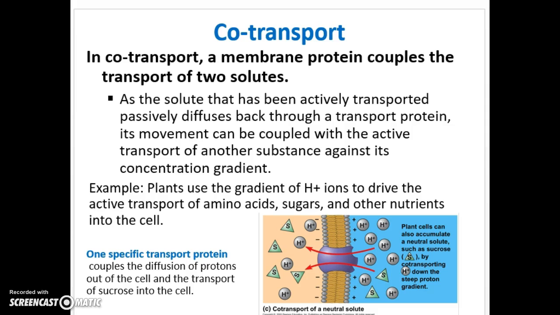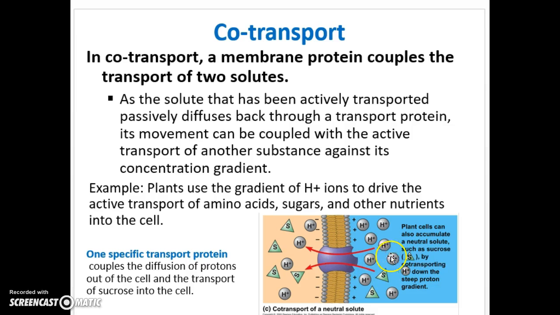So again, I've told you we'd come back to that glucose transporter protein. That is one that does co-transport. In plant cells, we have an accumulation of hydrogen ions occurring through photosynthesis. And so there is a natural diffusion of those protons across the cell membrane through this glucose transport protein.